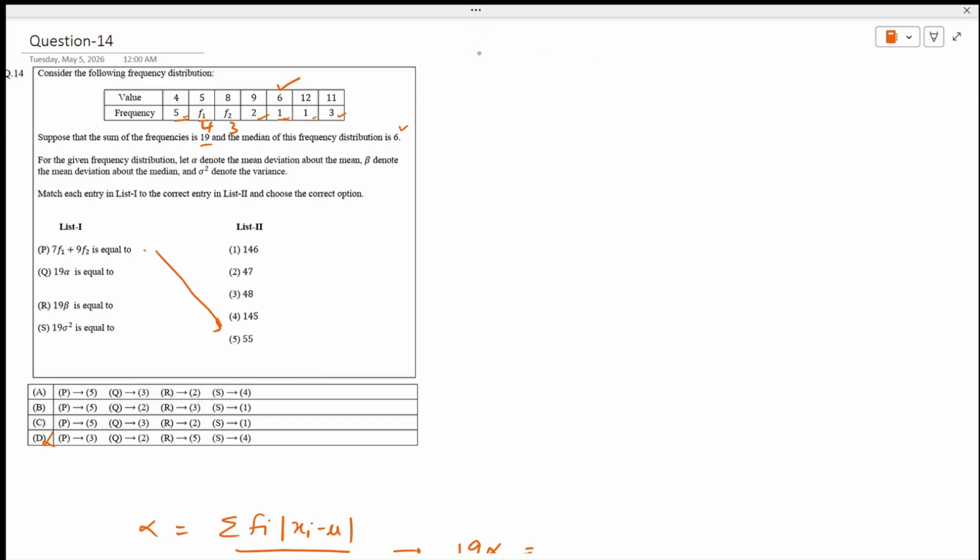Now, let us find mu. 4 fives are 20, plus 24, plus 18, plus 6, plus 12, plus 33, upon 19.